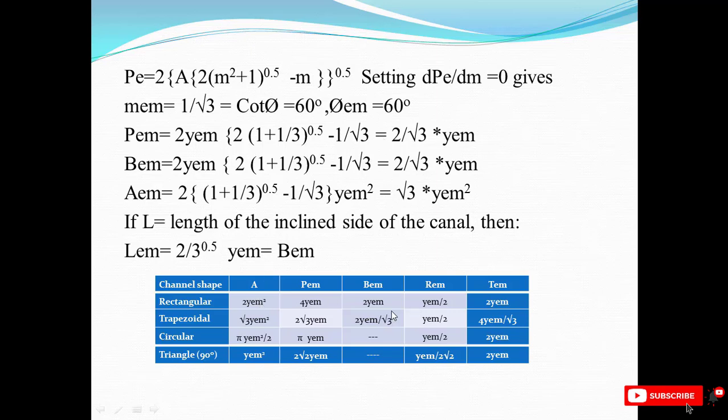Also, for other parameters, A, P, R, and B, M are shown in the table for the rectangular, the most efficient trapezoidal, circle, and triangle. These relations are given for the most efficient channel.